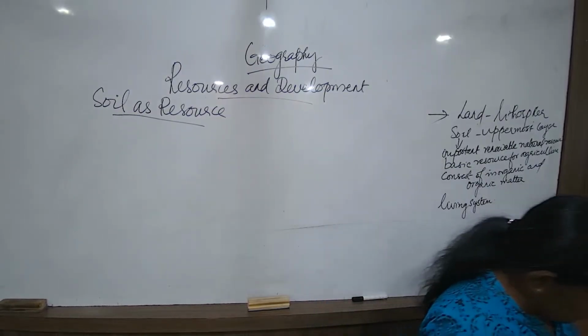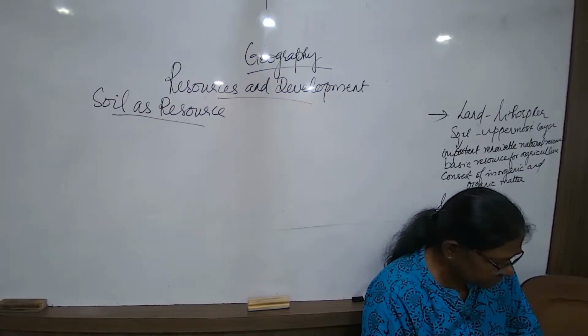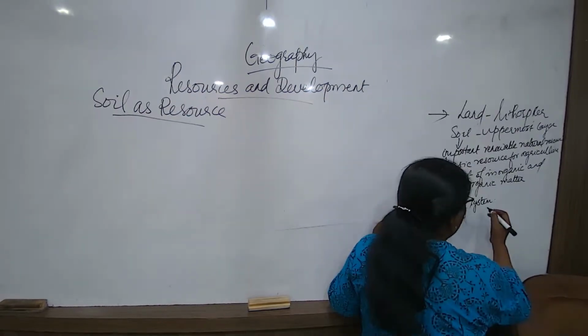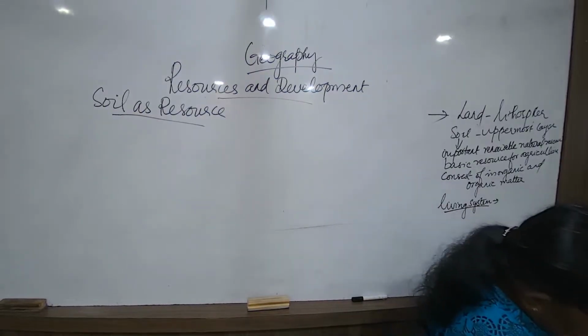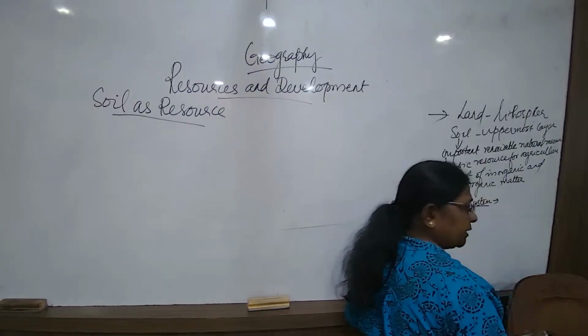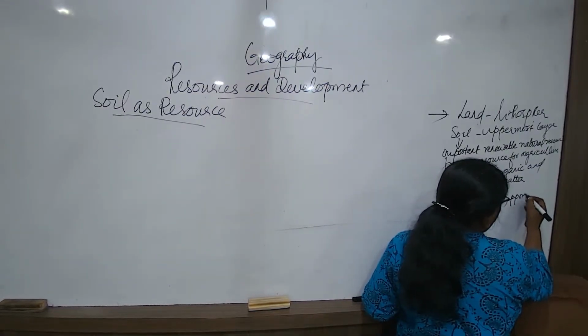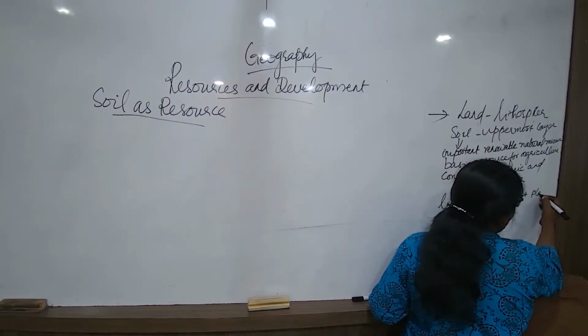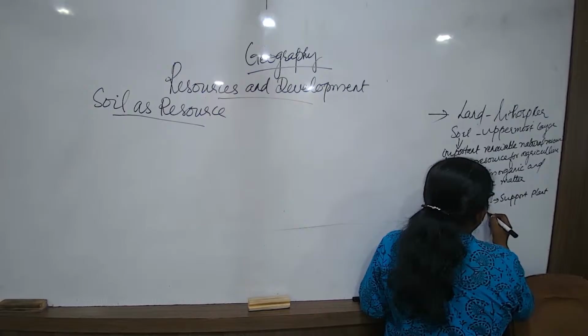Then, when we talk about soil, it is a living system. Why is it called a living system? It supports the growth of plants and various other organisms, even microorganisms.